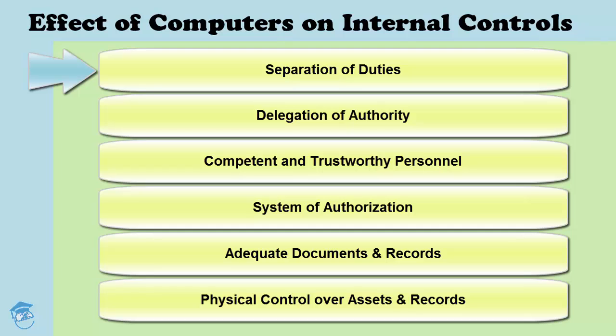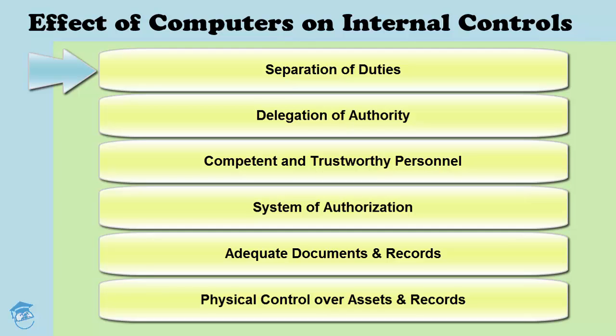In a mini computer or microcomputer environment, separation of incompatible functions could be even more difficult. Believe me, even more. Such systems basically allow the users to change the programs and data entry without providing a record of these transactions. Thus, it becomes very difficult to determine whether incompatible functions have been performed by the system users or not.